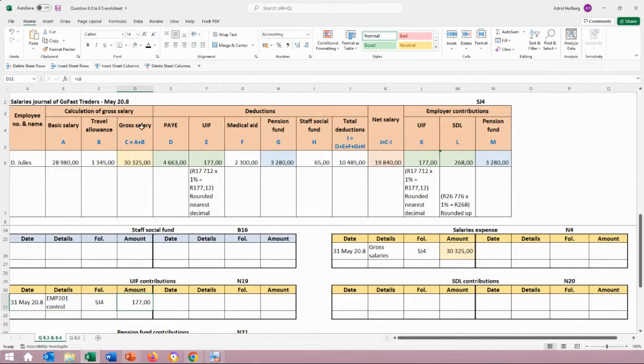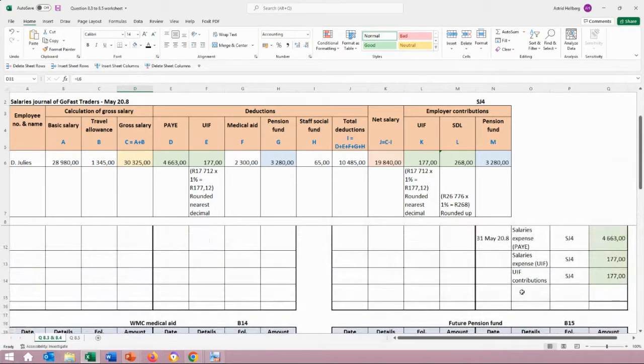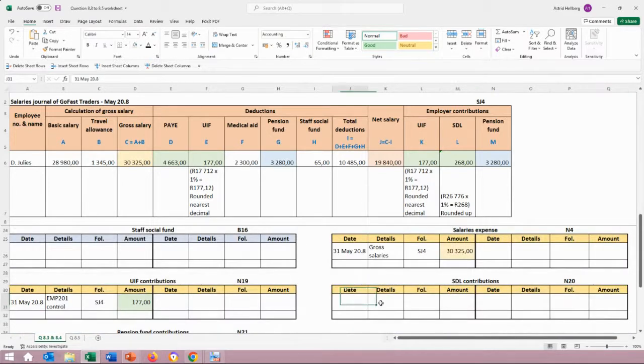So I said only for the employer will you take it to an expense account. And then your STL contributions, you do exactly the same. So STL contribution is also an expense account. And you also take it to the EMP 201 control account, which is your control account.